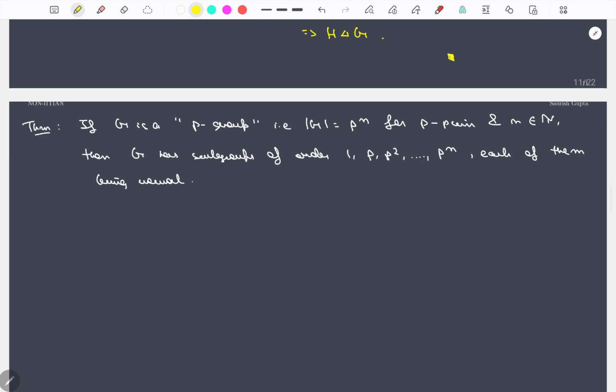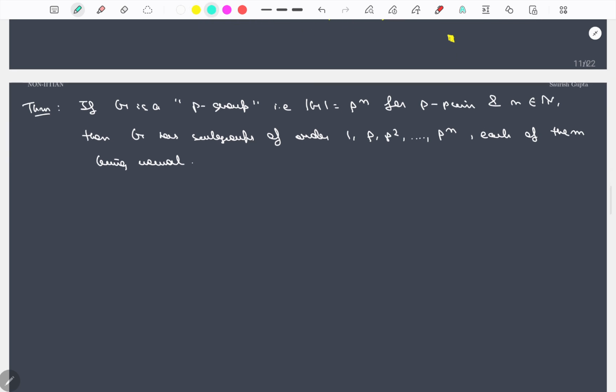So this year CSIR NET December 2025 asked a very beautiful question, that is, for every n in natural numbers there exists a group G such that G has exactly n subgroups.